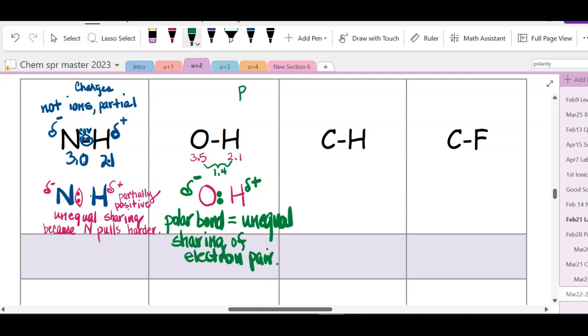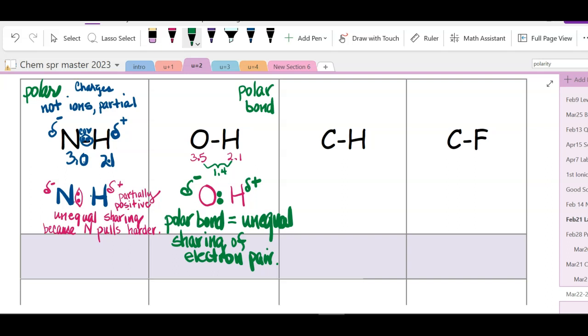This is polar because there was a large electronegativity difference, partially positive, partially negative, and this was also polar, a large electronegativity difference. So we would call it a polar bond. All right? And since molecules have many covalent bonds, we saw it can have some polar bonds and then some bonds that aren't so polar.